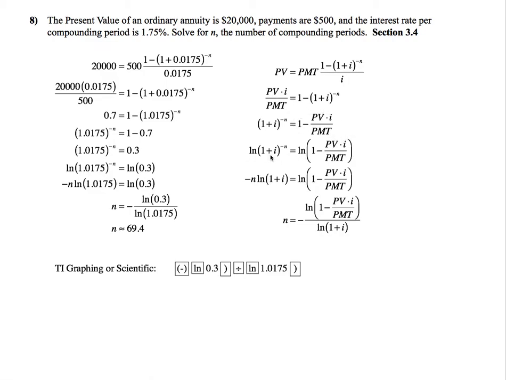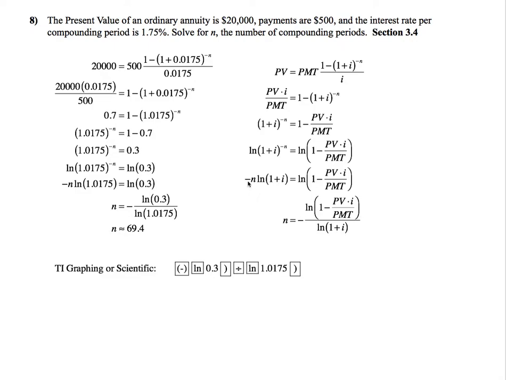In this case, we take the natural log of this base raised to this exponent, use the power property to bring that exponent around front of the expression, and then we divide both sides by the natural log of 1 plus I, and that puts all of this in the numerator, and the natural log of 1 plus I in the denominator.